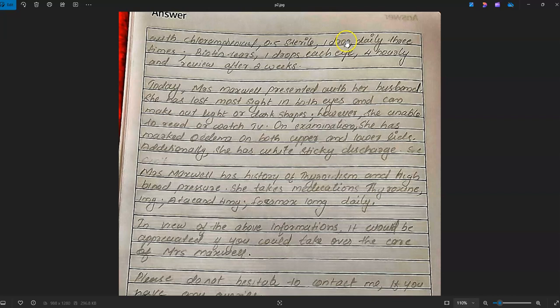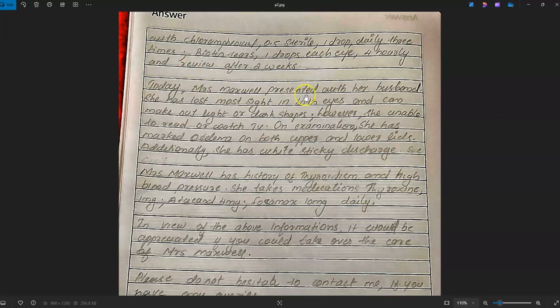So if you've got the name of the treatment, you put a semicolon between it and the dosage, and then you have a comma separating the treatments. So that's how you do that one. One drop 3 times daily, then artificial tears, 1 drop each eye, 4 hourly, and review after 2 weeks.